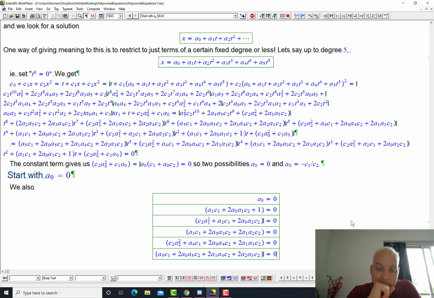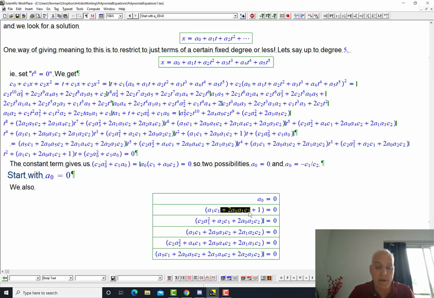Okay, we've got a0 here. The second equation is a linear equation in a1, involving a0. Okay, but a0 we've said is 0. So actually this term here is going to be 0. So let's simplify things.